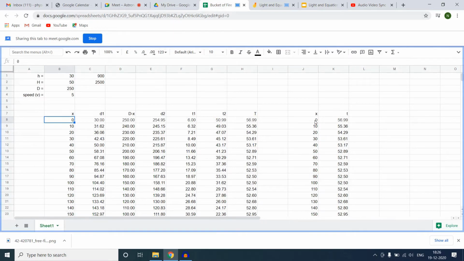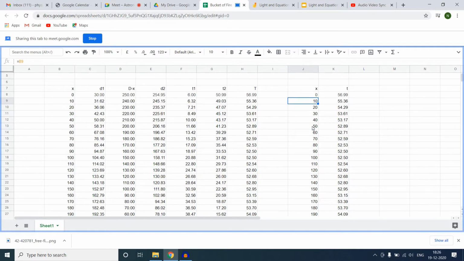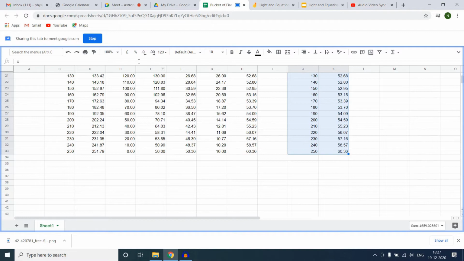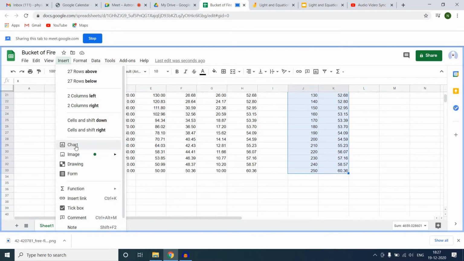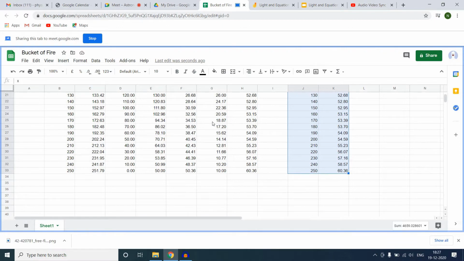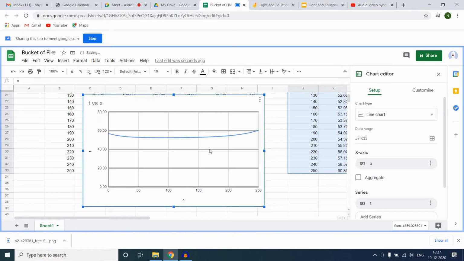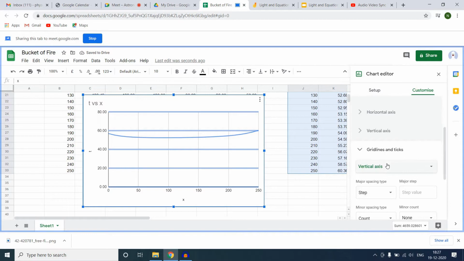Now what I'm going to plot is how much time it would take depending on where your x is. Where do you run straight down? Do you run 10 meters away from the point, and then check the time? If you draw this graph, you draw the chart.